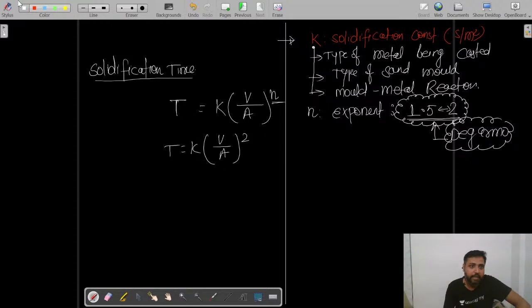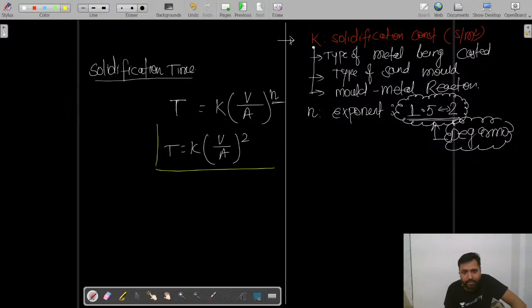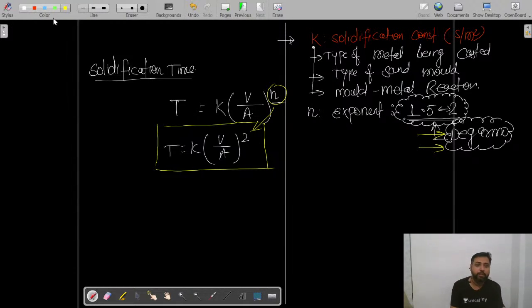No, it's not like that. Okay? Now, remember, generally you use this formula, k into (V by A) whole square, but n is not always 2. n can vary anywhere between 1.5 to 2. Keep that in mind. This was suggested first time by D. Garmo. Okay? D. Garmo also has a book on manufacturing, read it, it is a very good book.